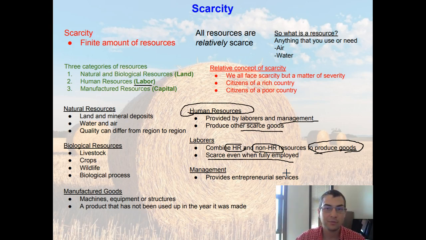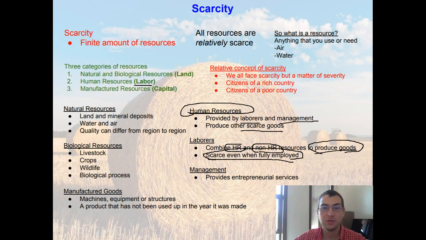But what if you drop the wage to, say, $7.50? Now you might be willing to hire more people. So even though you might be fully employed and you might hire all 5 people that you want to hire at that wage rate, if you drop the wage, you might be looking for more people. So that leads to the fact that laborers are still scarce, even when fully employed.